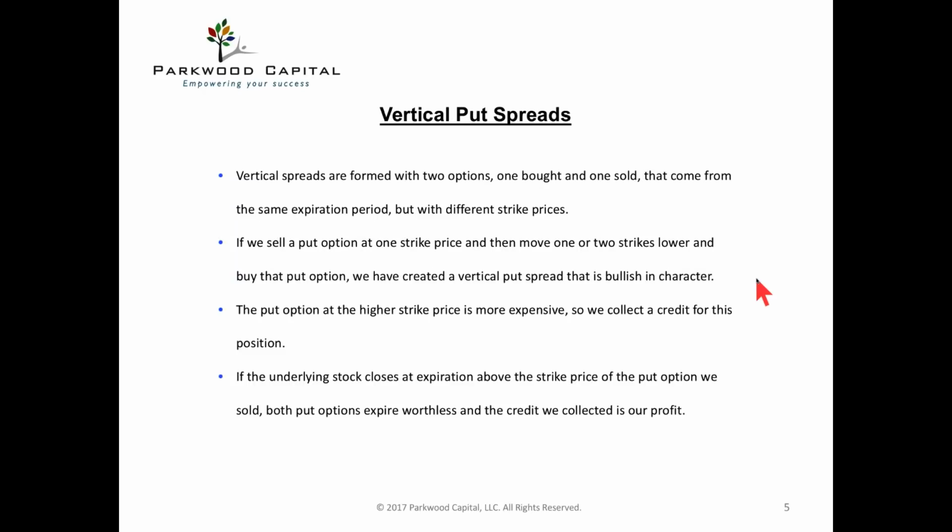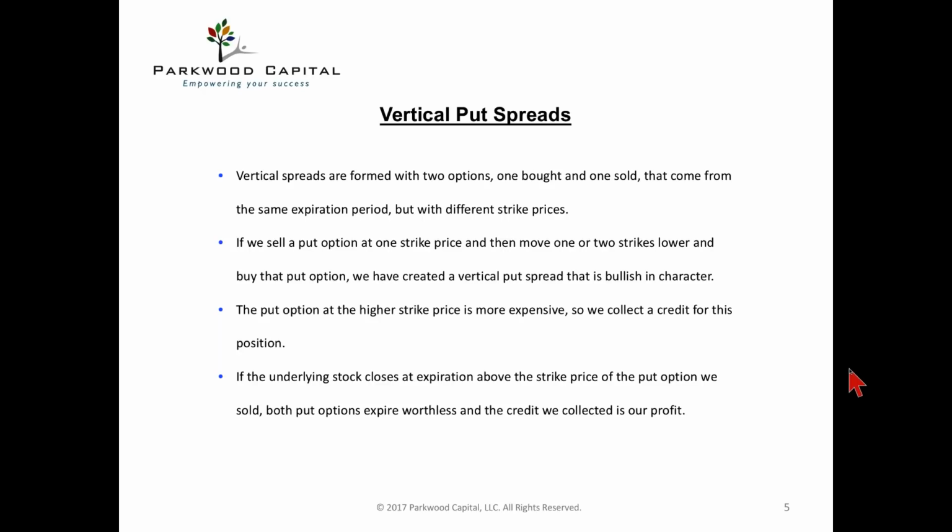Now, the vertical spreads that we're going to talk about that Dr. Singh uses are formed with two put options, one bought and one sold, but they're in the same expiration period. Now, we call these vertical spreads because of a historical accident, I guess you'd say.